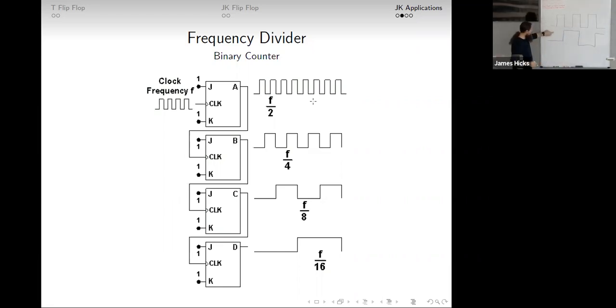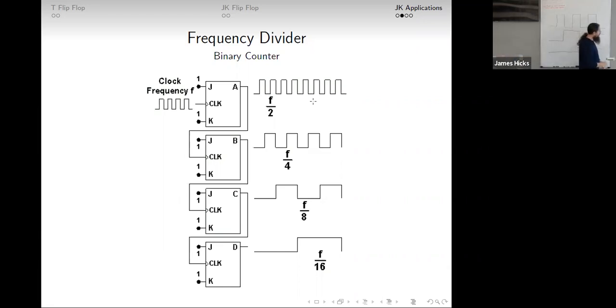I'm just trying to give you a better picture of what it looked like. The third one is going to be low for 1, 2, 3, 4, high for 1, 2, 3, 4. How is this a counter?